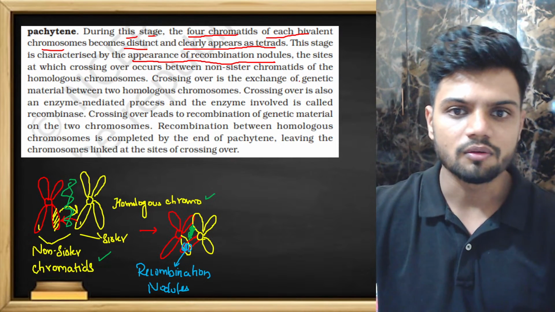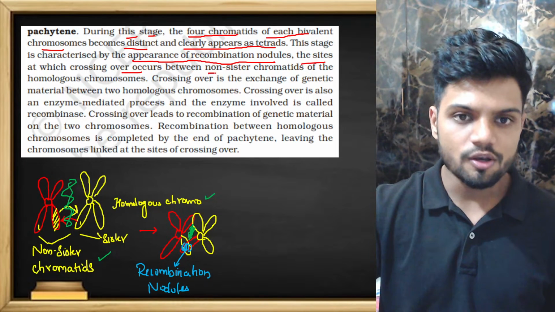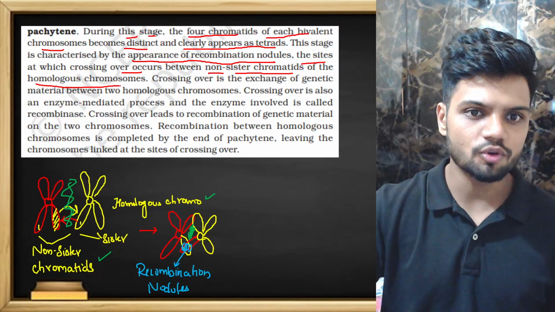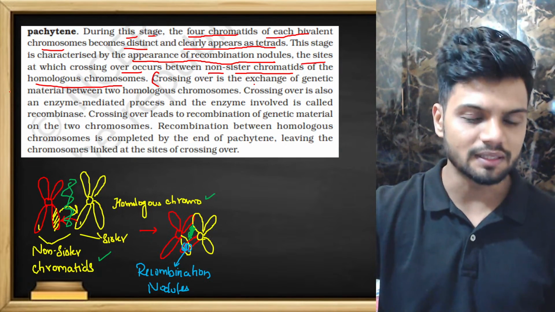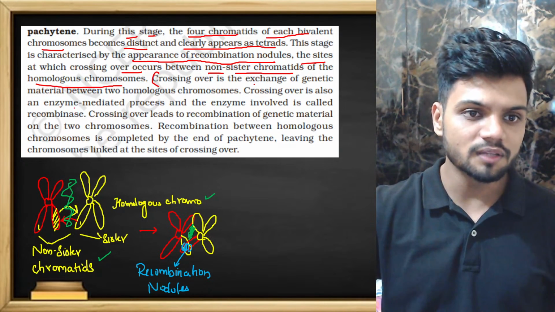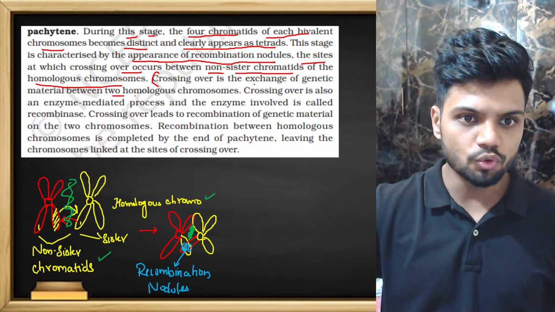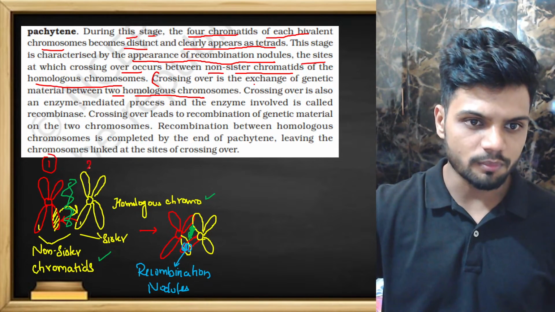Now, the site at which crossing over occurs is between non-sister chromatids of homologous chromosomes. Crossing over is the exchange of genetic material between homologous chromosomes, homologous chromosome number 1 and homologous chromosome number 2.